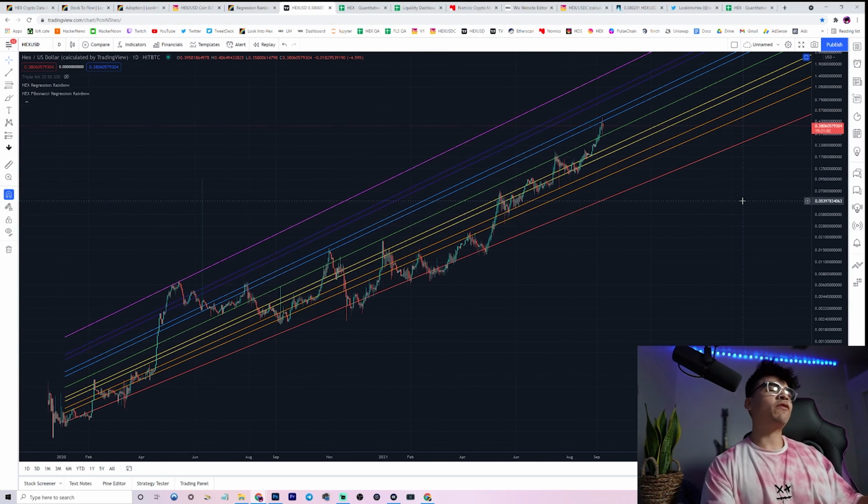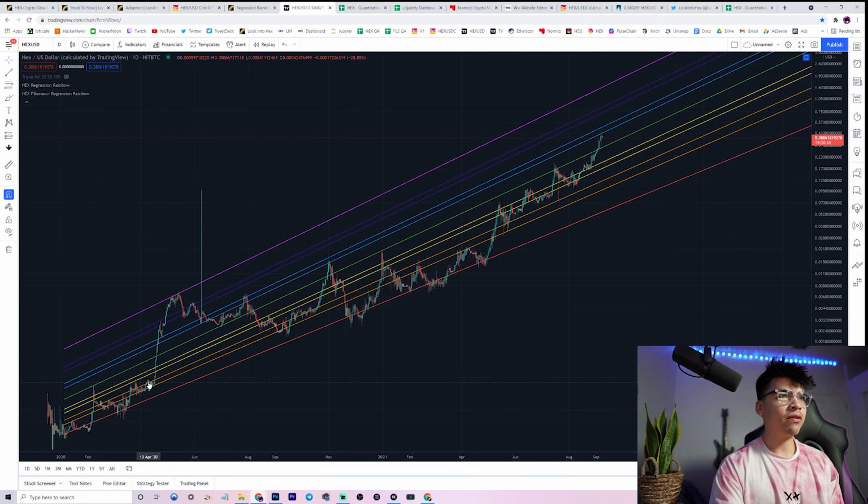So if you've been following the channel for a long time, for months, one of the ideas we were entertaining for this fractal that we saw playing out was the potential of seeing it play out at one line lower.